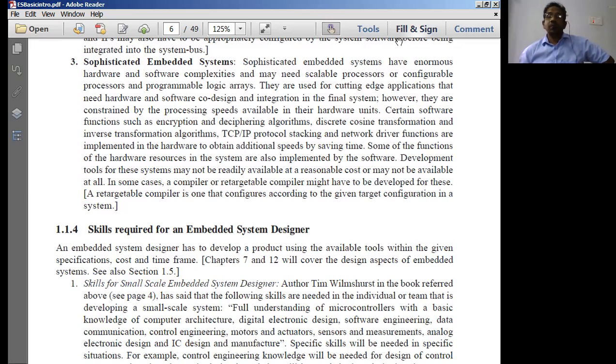Now, what will happen? The data at the receiver section has to be converted from binary into a program compatible with Microsoft Office, and it should be converted accordingly. So there comes the cross compilation.